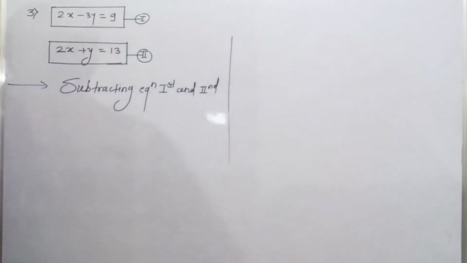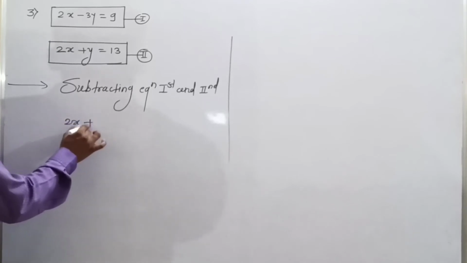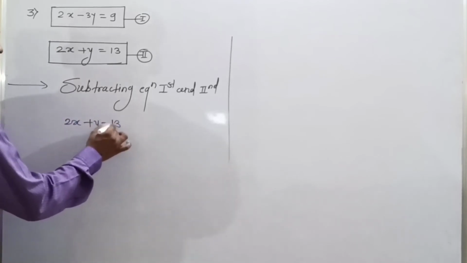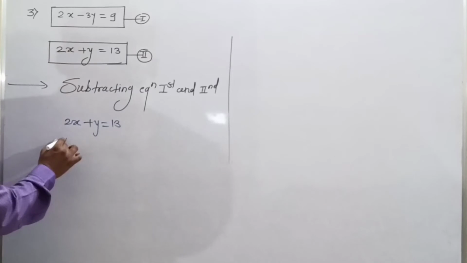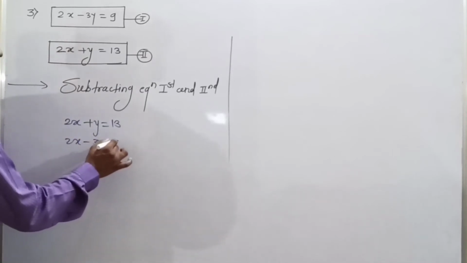So which is greater, which is smaller, that constant will help you at that time. So let's write down equation number second first of all, and that will be 2x plus y is equal to 13, and the second one will be again 2x minus 3y is equal to 9.